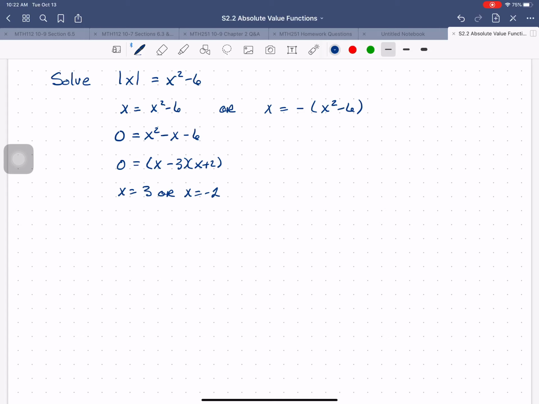All right, now let's work on the second equation here. x equals the opposite of x squared minus 6. So this means x equals negative x squared minus 6. Let's move everything to the left this time. So I end up with x squared plus x plus 6 equals 0.